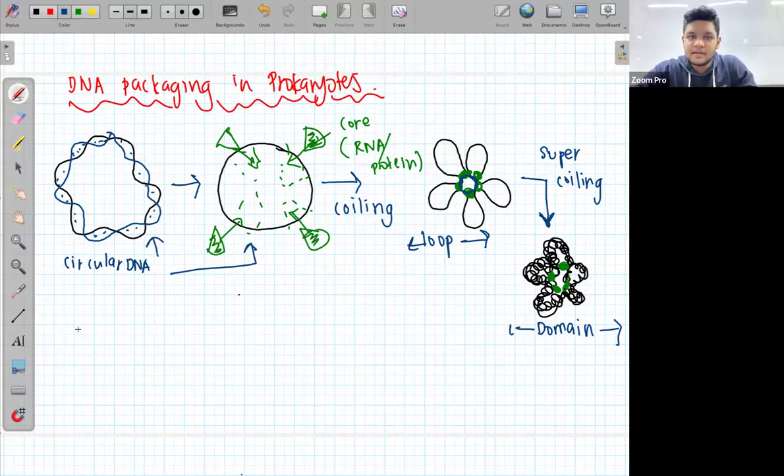This is the process. This is what comes under DNA packaging. This is the entire thing. Is it clear? Please drop a message if it is clear. If it's not clear, please let me know. I'll explain it again.